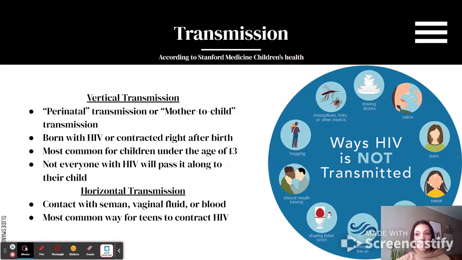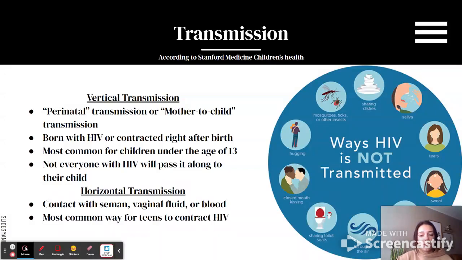Next, transmission. So HIV is spread through either vertical or horizontal transmission. Vertical transmission is also referred to as perinatal or mother-to-child transmission. Vertical transmission occurs during gestation, during delivery, or during breastfeeding.